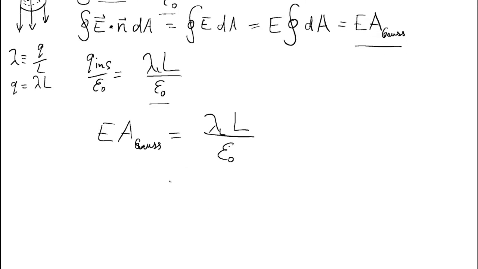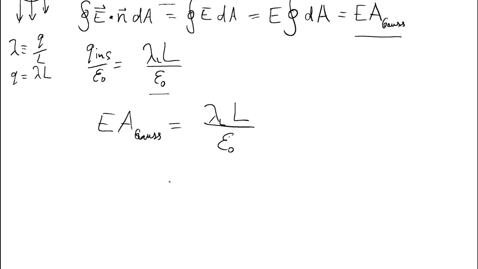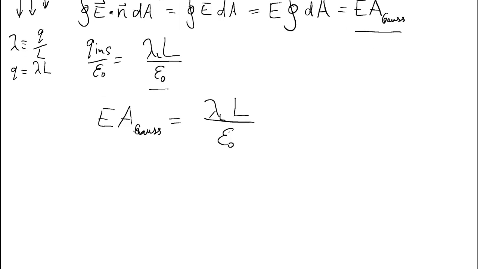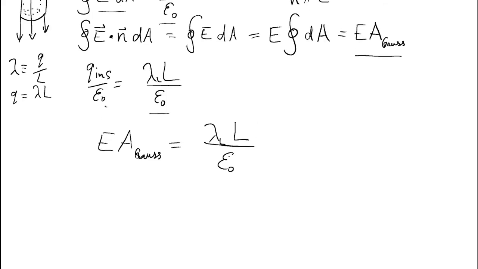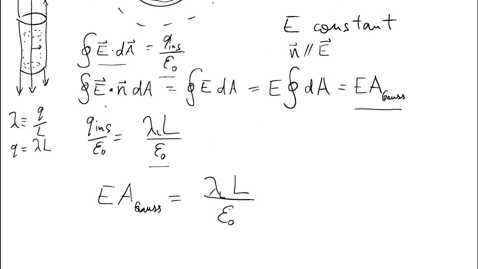The only thing we have left is to figure out what this area of the Gaussian is. Now we don't have to concern ourselves with the area of the sides of the Gaussian. The electric field there, taken as the dot product with the infinitesimal area element, is going to turn out to be 0 anyway, because the area's normal vector is going to point up and the radius is still going to point sideways.